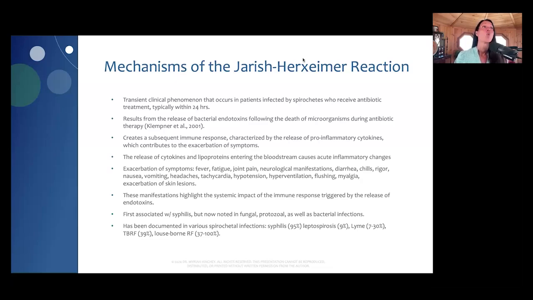So basically, when you have the killing of the bacteria, they release their endotoxin called an LPS. That endotoxin is going to increase the chemicals of inflammation, which is then going to make all of the symptoms worse. This is something that I take very seriously because the increasing of these inflammatory cytokines not only makes you feel worse, but it can actually be doing more damage to the cells in your body and causing mitochondrial damage.